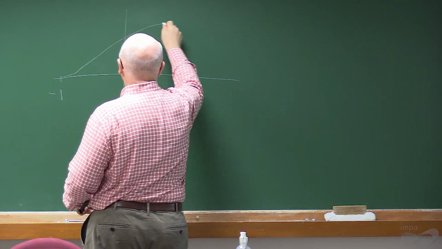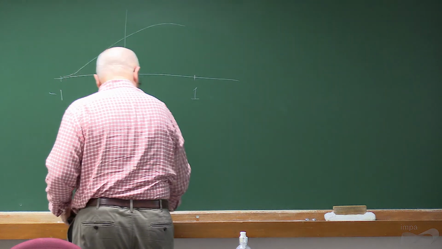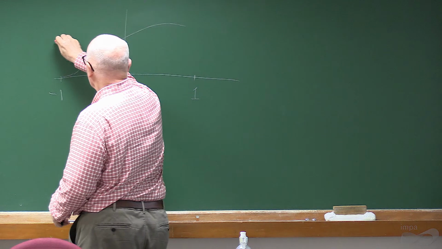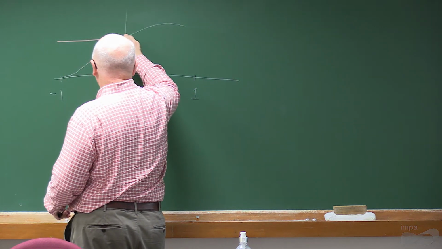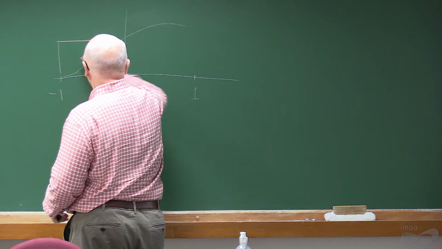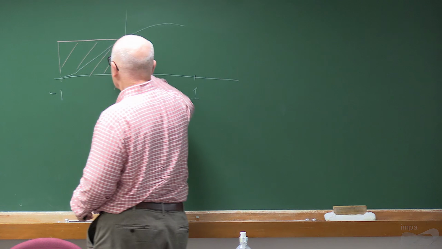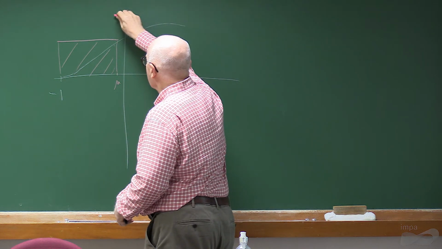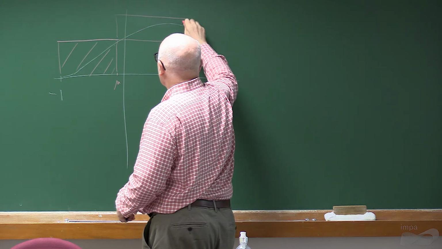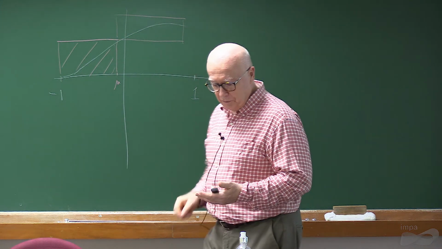Normally we think about the distribution like this, but in fact, it can be like this. This is mu. In the case of a Bernoulli distribution, it will be. And then the rest of it up here, like this. And in fact, it is in the case of a Bernoulli distribution.